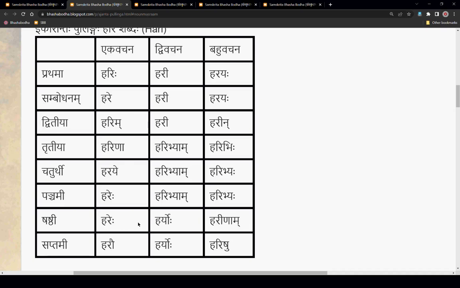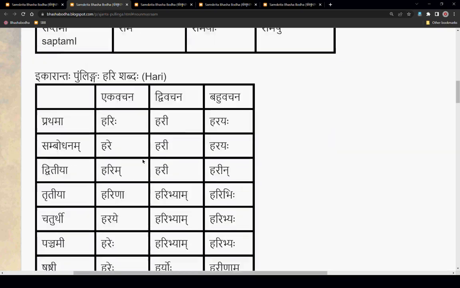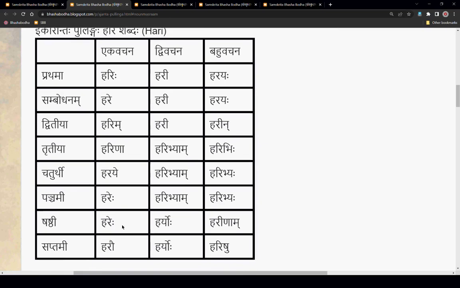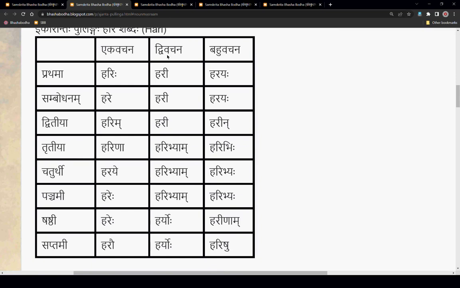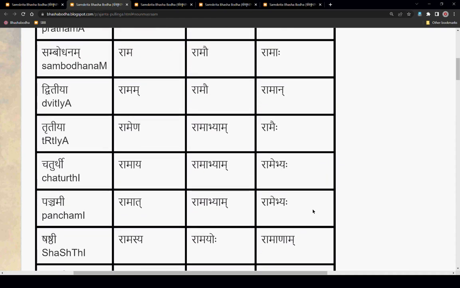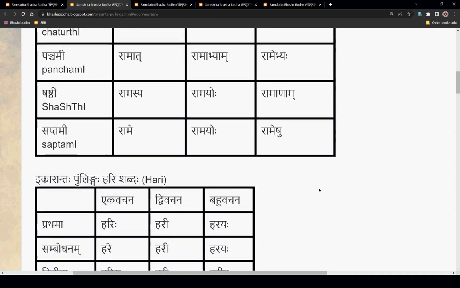Except Akaranta, for other kinds of words, even Panchami, Shashti Ekavachana remains same. Dvivachana you already know. And here also Chaturthi Panchami Bahuvachana also remains same, even in the Rama case, Ramebhyah, Ramebhyah. So it's quite easy, it's not that difficult.